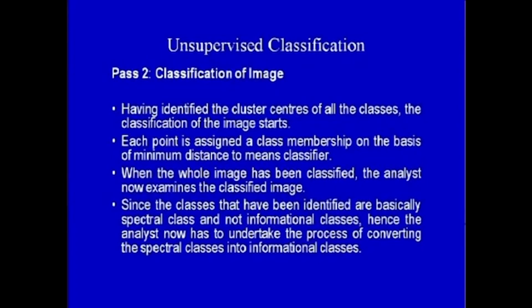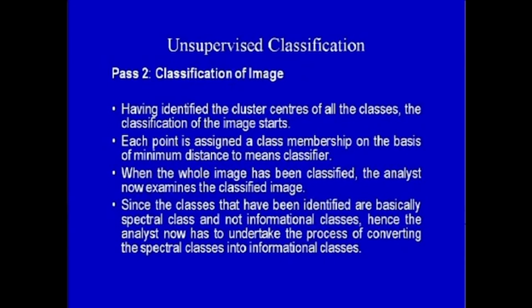Pass 2 is basically classification of the image. Having identified the cluster centers of all the classes, the classification of the image starts. Each point is assigned a class membership on the basis of minimum distance to mean classifier.